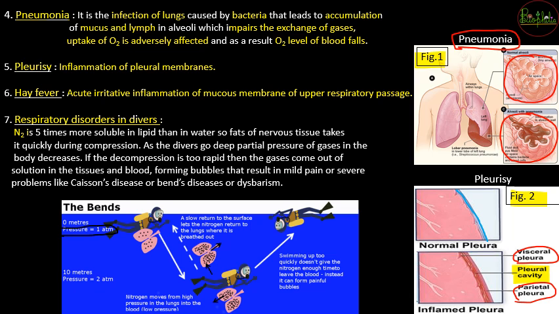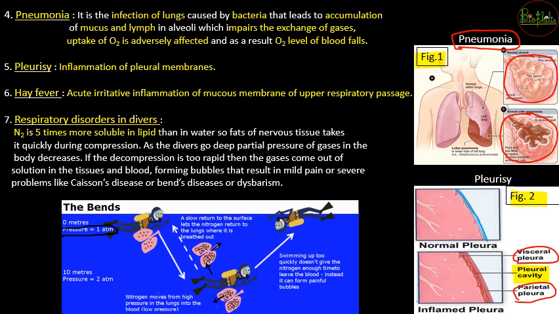Now nitrogen अगर body में चला जाए, what is the problem, that it is going to be 5 times more soluble in lipid. Okay, so जैसे ही partial pressure or the pressure is going to increase as the diver goes down in the ocean, what is going to happen, the nitrogen starts to get diffused into your body. Okay, and once the diffusion starts, वो soluble हो जाएगा in your fatty tissues.